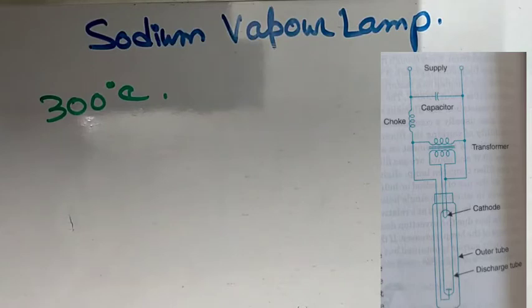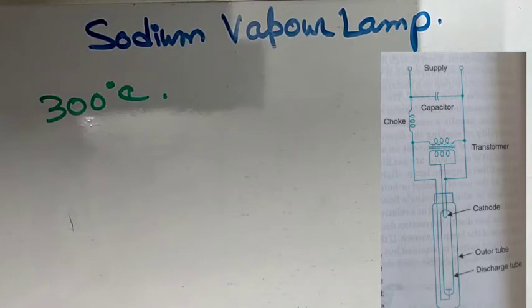Now, to begin with, the discharge starts in the inert gas, and the temperature of the lamp increases gradually until sufficient metallic vapor is present to conduct the current. And since the ionization potential of the metal vapor is low, it will carry nearly all the current, and the spectrum of the inert gas will practically disappear soon.